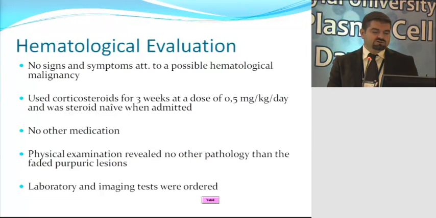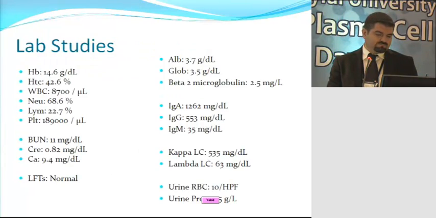Regarding the hematological evaluation, there were no signs and symptoms attributable to a possible hematological malignancy. He had used corticosteroids for 3 weeks at a dose of 0.5 mg/kg per day and was steroid naive when admitted. No other medications. Physical examination revealed no other pathology than the faded purpuric lesions. Laboratory and imaging tests were ordered. There was no anemia. Renal functions were okay, no renal failure.